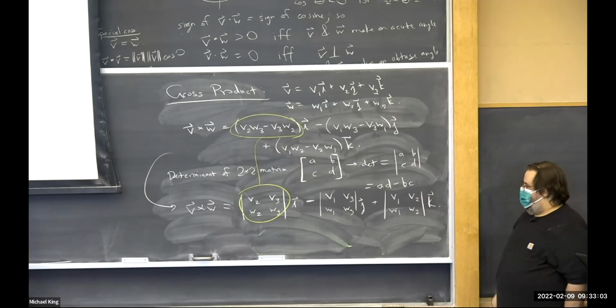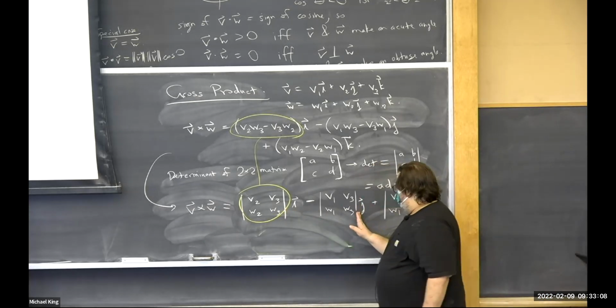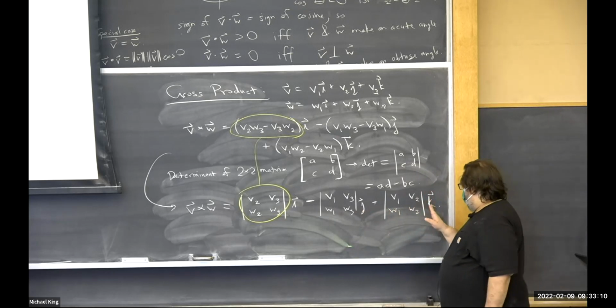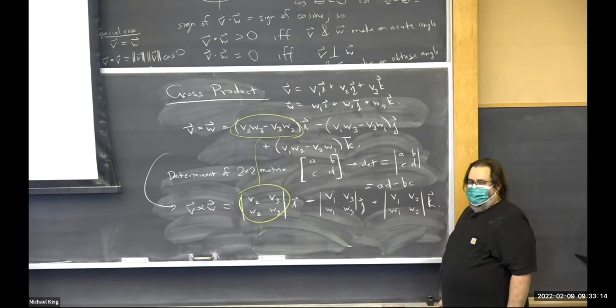Again, this doesn't include the I components of V and W, this doesn't include the J components, and this does not include the K components. There are just ways to try to remember how this all works.